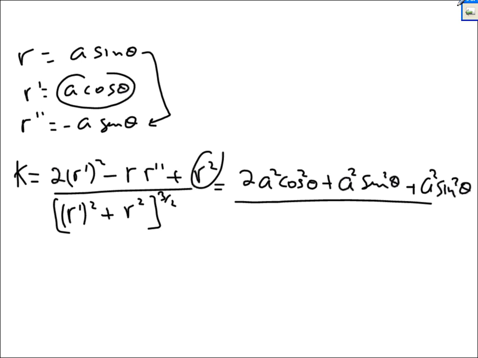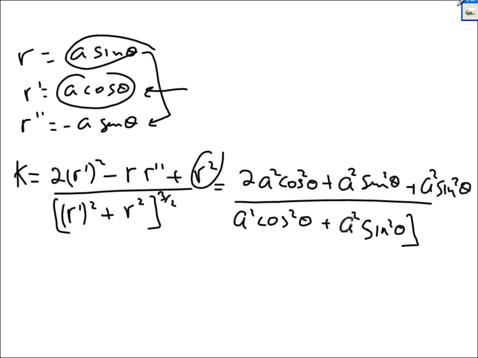And this all gets divided by r prime squared. Here's r prime. I square it. I get a squared cosine squared theta plus r squared. That's r. Square r, get a squared sine squared theta. And this is all to the 3/2 power.